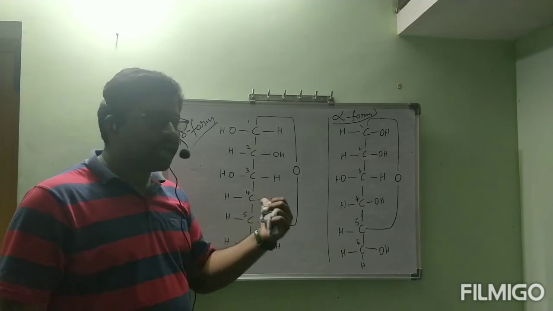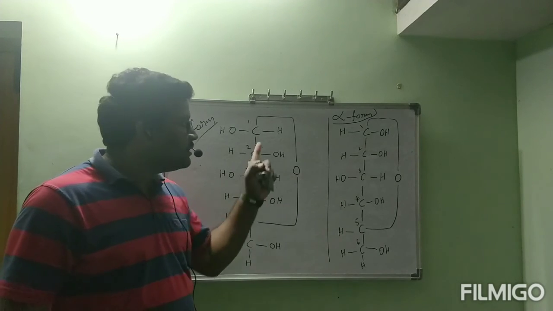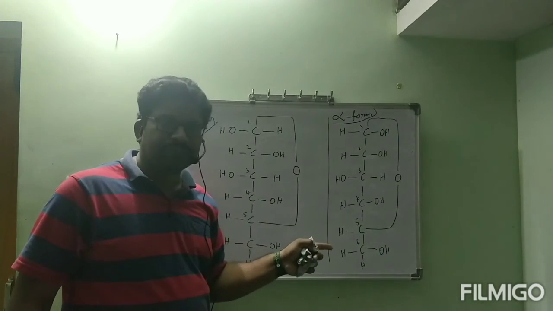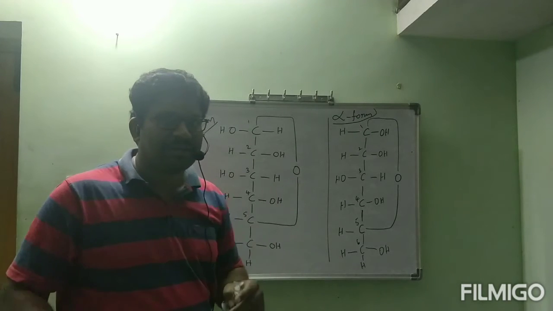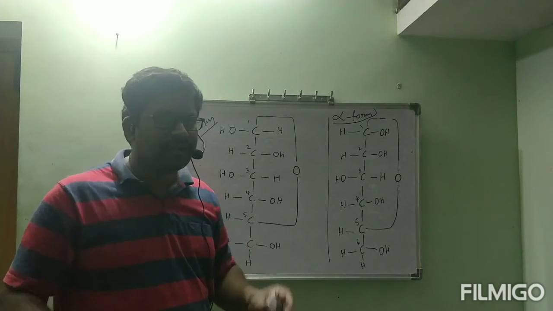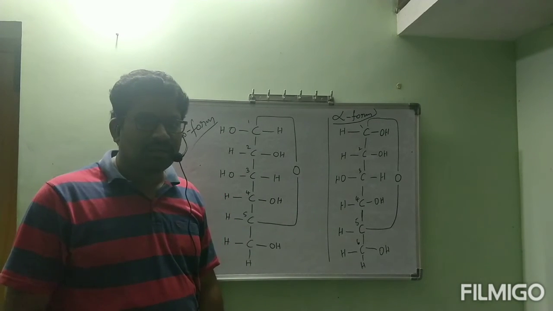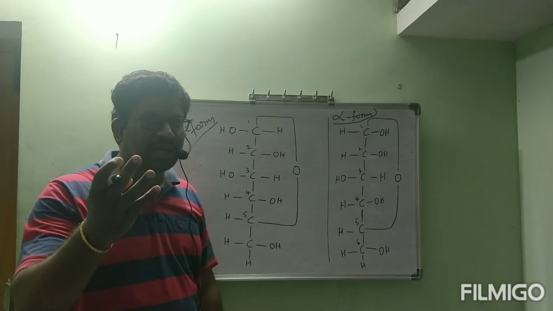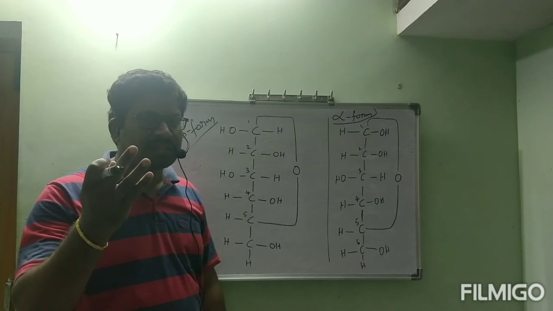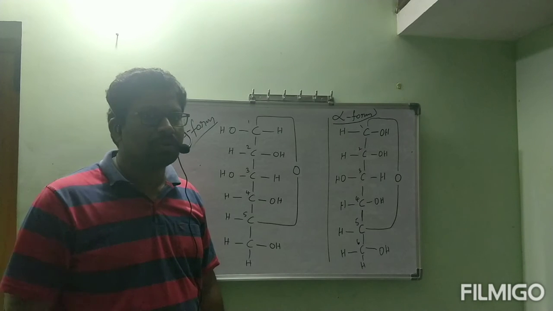Okay, now we can explain the 3 points that in this closed chain structure, aldehyde group is not there. Aldehyde group is not free. Correct? Because of that, first three tests are not shown by glucose.